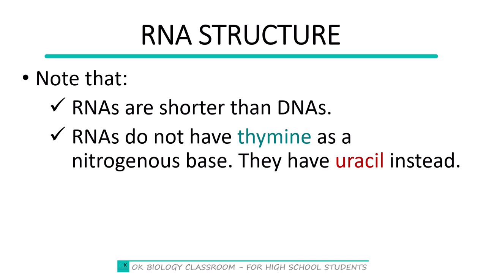RNAs rather have uracil. So that means if you are doing pairing and you're supposed to put a thymine somewhere, if it's a DNA, you put a thymine there. But in this case, it is an RNA, so you're not going to put the thymine there, but you're going to put uracil. So RNA has uracil, DNA has thymine.